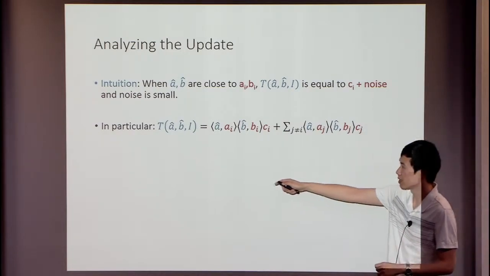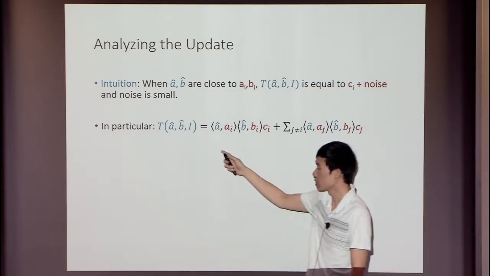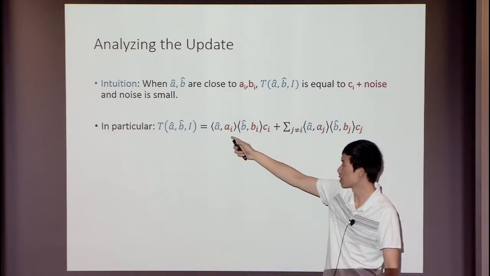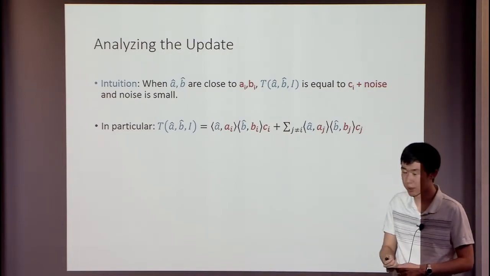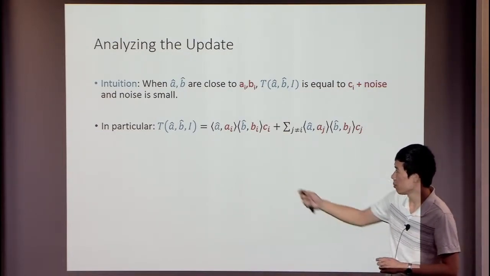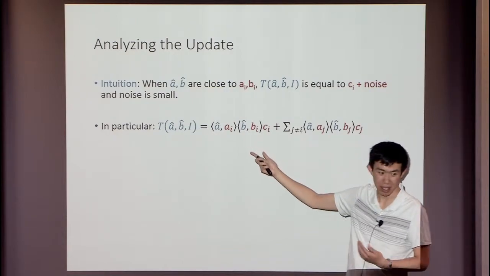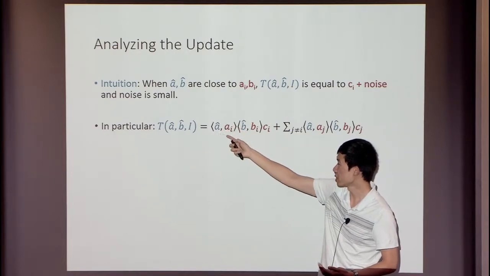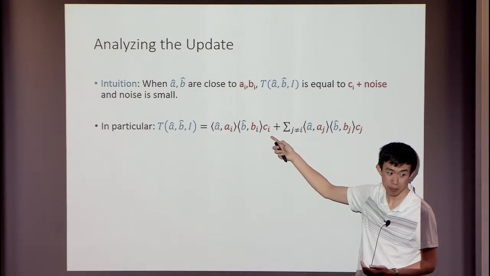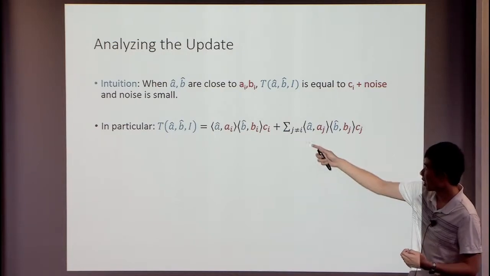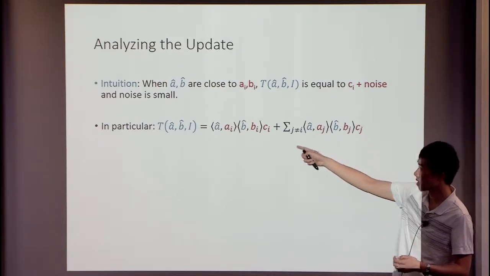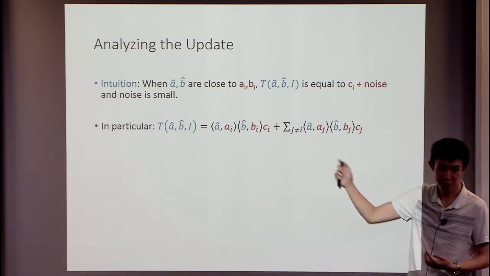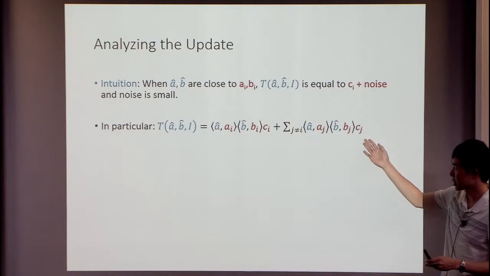Well, we can write this tensor applied to A hat and B hat as the sum of two terms. The first term only has to do with this particular component i. And as we assumed, these inner products are larger than 0.9, so this is really a large constant times vector Ci. And then in the remaining terms, we have a sum over all the other components. So this will be the noise term.